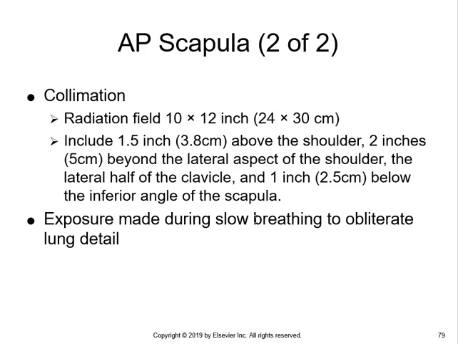So that would be a breathing technique for scapula, ribs, even though most people don't use any kind of breathing technique for ribs, but I personally have found that it's beneficial in some cases. It's not something you see in the textbook, but just have the patient slowly breathe or exhale during the exposure.